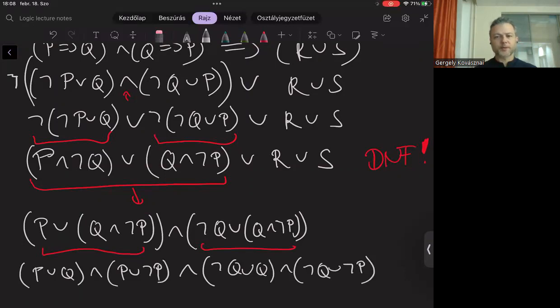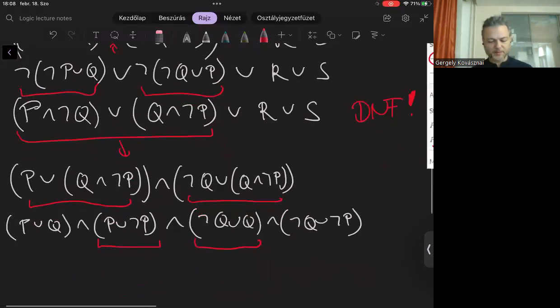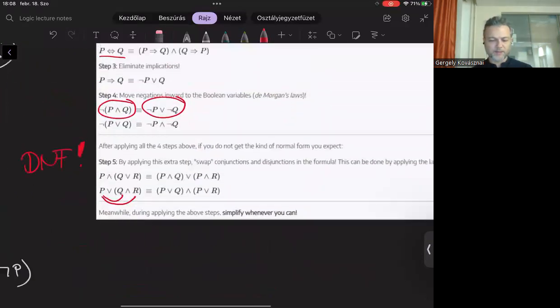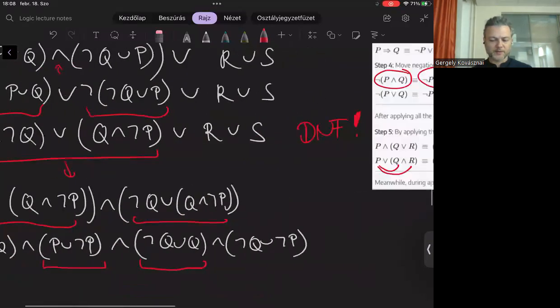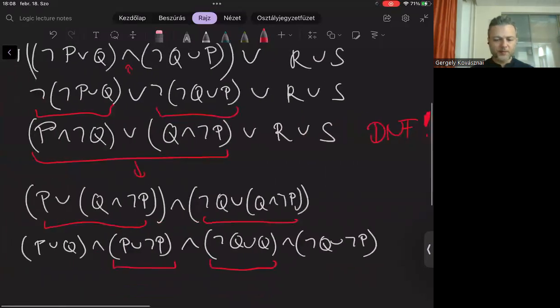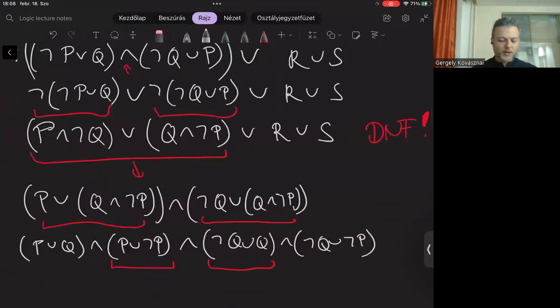Okay, now this looks promising because we have very interesting subformulas here. P or not P, not Q or Q.